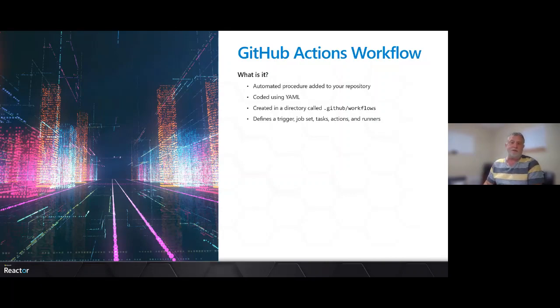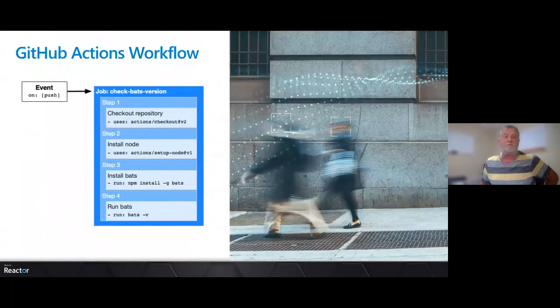So conceptually, if we look at a simple example here, we have a workflow that has a single job, check-bats-version. This job has 4 different steps. 2 of those steps execute actions, and then 2 of those steps execute command line statements. And for this workflow, there's going to be an event that triggers it.